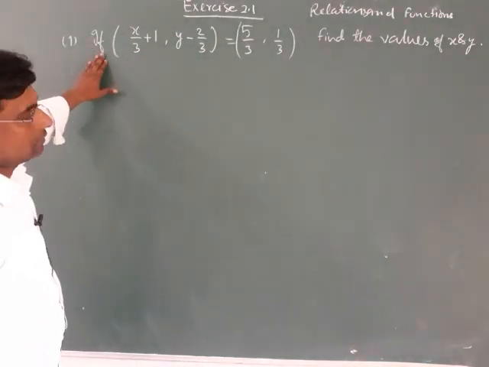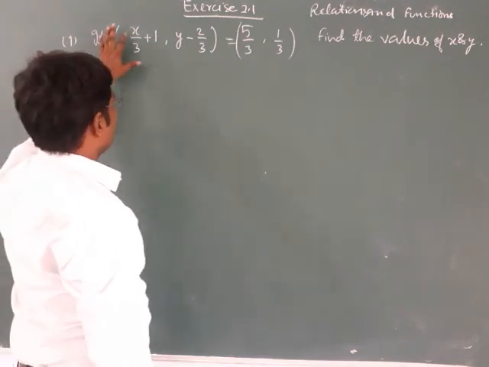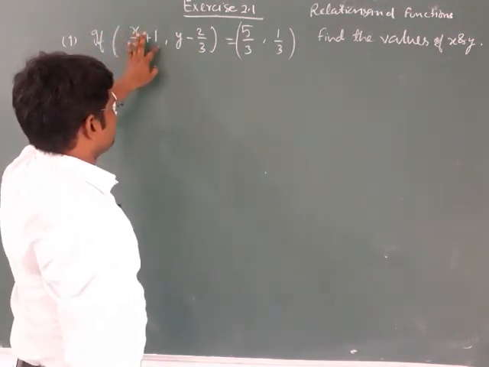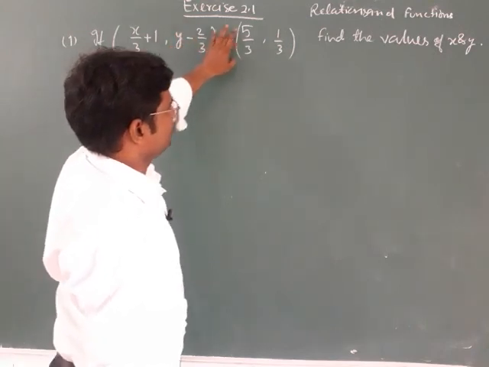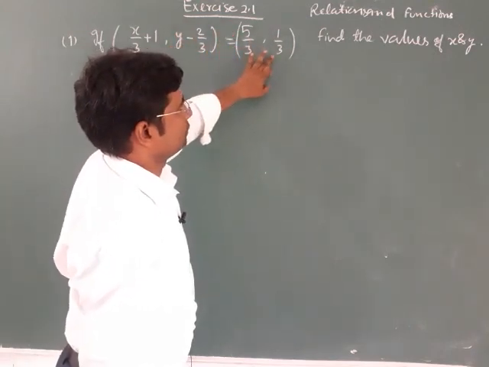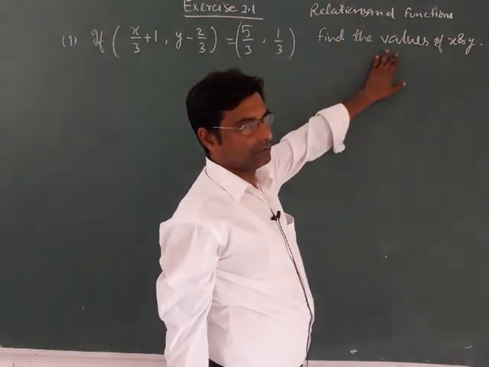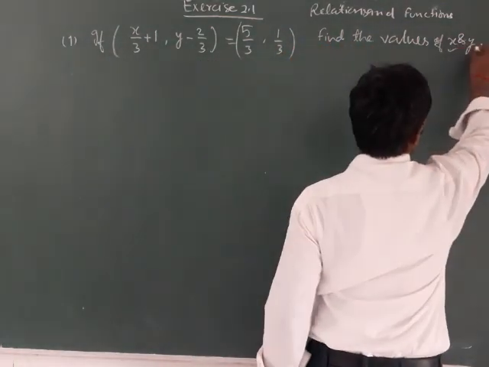If the ordered pair (x/3 + 1, y - 2/3) is equal to (5/3, 1/3), find the value of x and y.